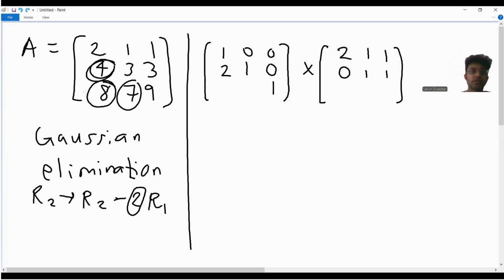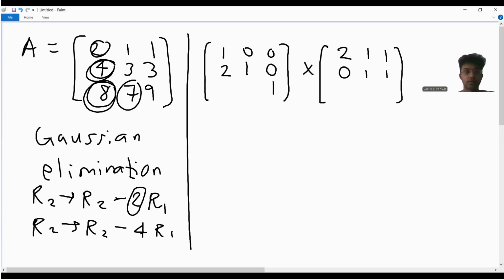Now to transform this thing to 0, we do row 3 transforms to row 3 minus 4 into row 1, because 2 into 4 is 8. So let's perform that calculation.